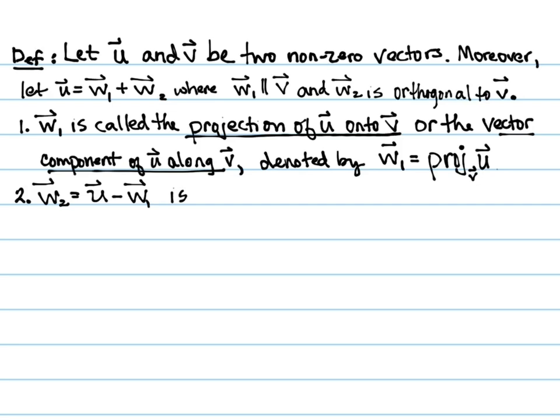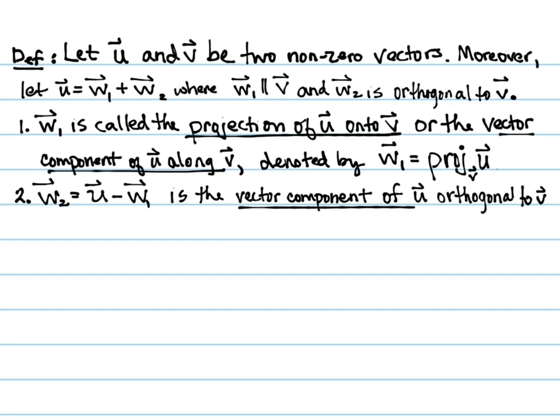And this is the vector component of U orthogonal to V. So this is what it is.